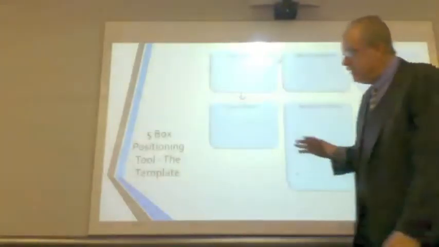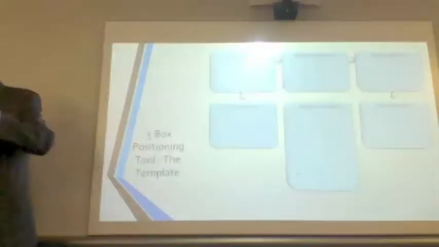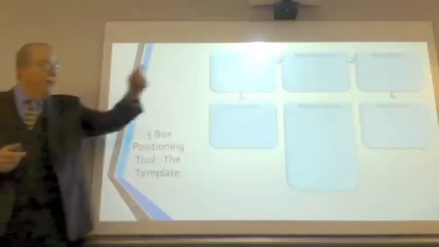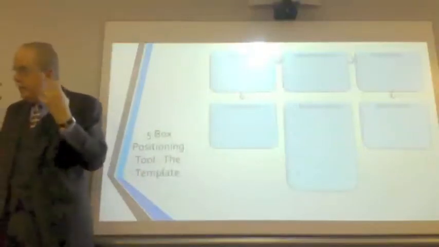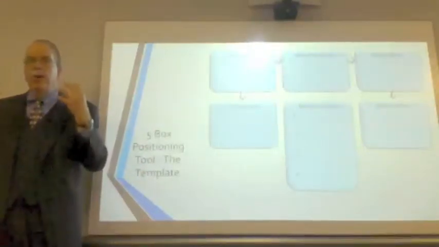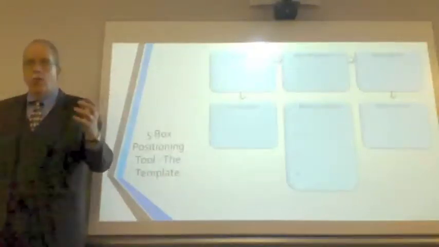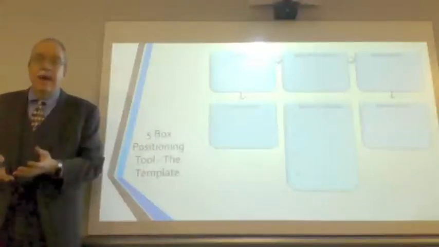Now, the way this works is the first thing, and this is the activity I'm going to ask you to follow up on afterwards, is to think about the current belief. What is the mindset that people currently have? What do they think about your competitors, about your product, about the environment as it exists today?